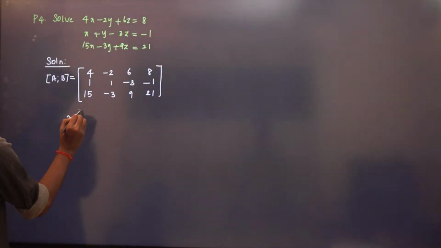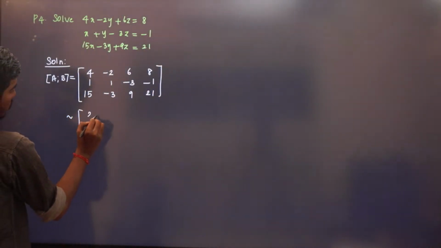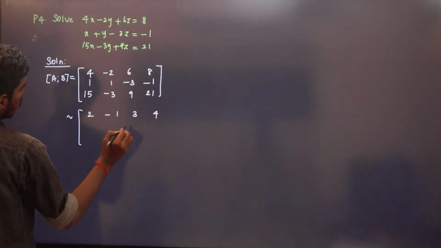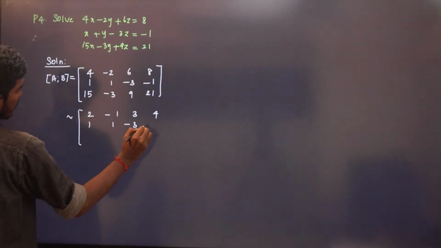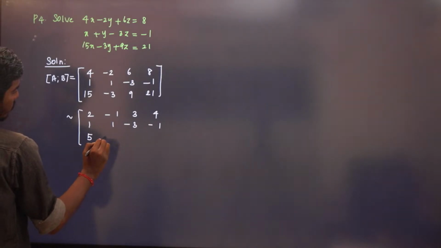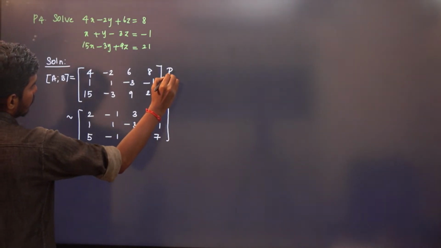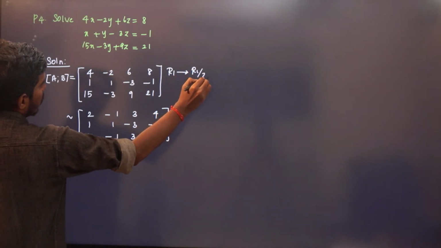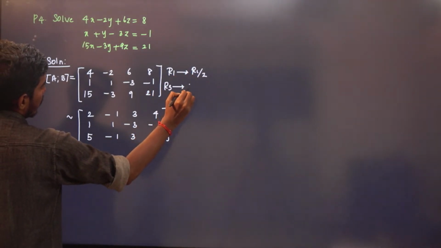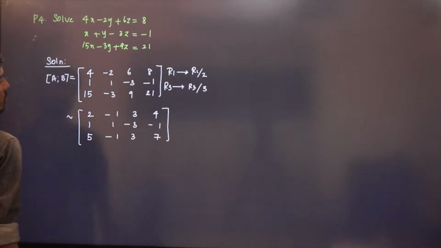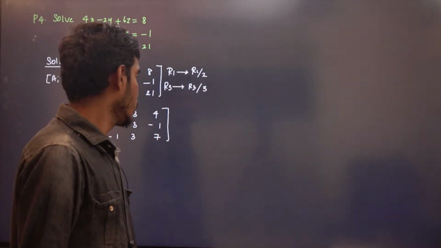So I'm just dividing by 2. So 2, minus 1, 3, 4; 1, 1, minus 3, minus 1; 5, minus 1, 3, 7. You can do this, right? That is, I'm dividing R1 by 2 and R3 by 3, so that the numbers will be simple.